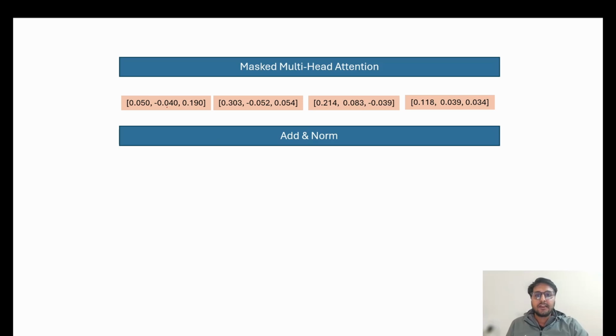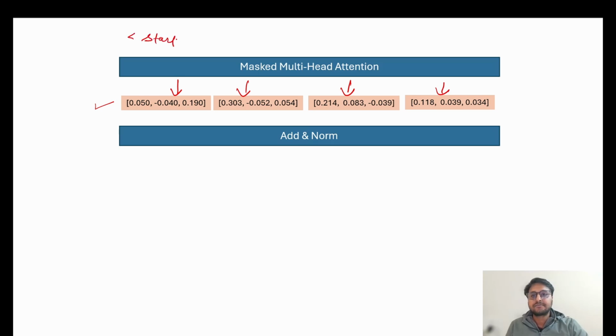In this slide, we ended our last video at this step. Our masked multi-head self-attention gives us four vectors that represent each token of the decoder. Now, what are our tokens?